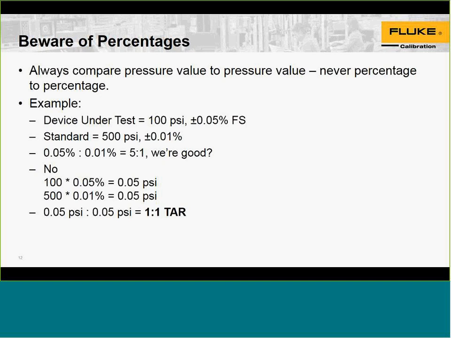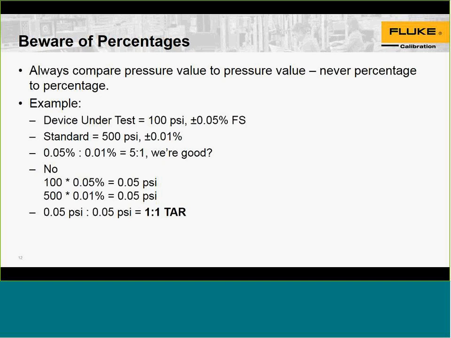Like I mentioned, it is always recommended to convert percentage units to pressure units when comparing instruments. On the left, we have some examples of that. So 100 psi full scale with a specification of 0.05% of full scale. Our reference standard has a 5 times better specification of 0.01% of full scale.